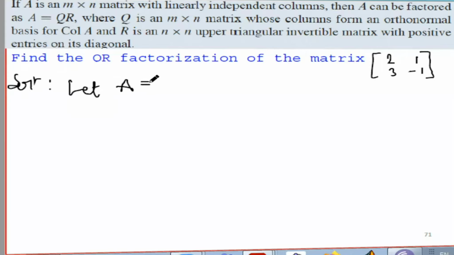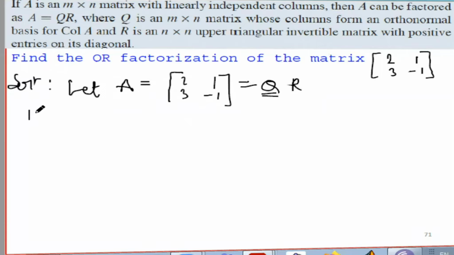A equals [2, 3; 1, -1], and this can be factorized as Q and R, where Q is an orthonormal basis for the columns of A, and R is an upper triangular matrix.